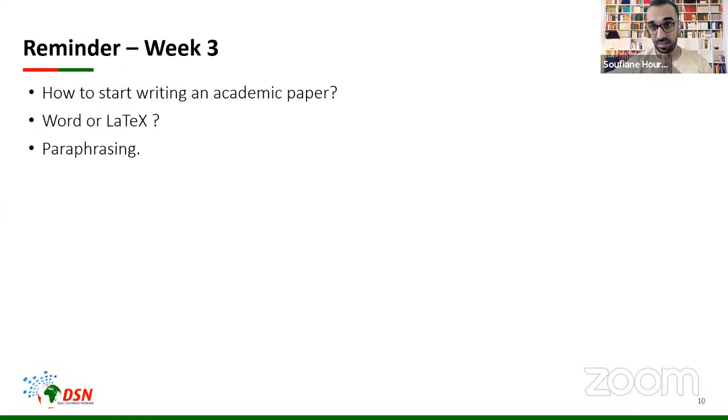We are going to see this step next week, how to write the whole paper using LaTeX. I will also share a general template that you can use for any conference or journal in order to publish.